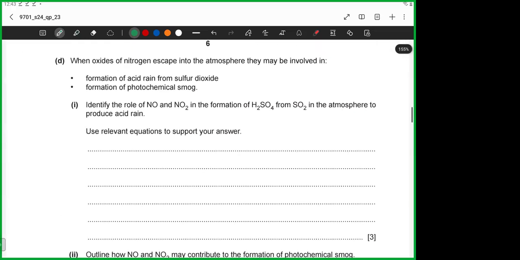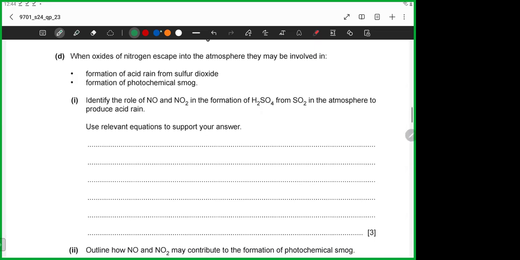When oxides of nitrogen escape into the atmosphere, they may be involved in formation of acid rain from sulfur dioxide, and formation of photochemical smog. Identify the role of NO and NO2 in the formation of H2SO4 from SO2 in the atmosphere. Use relevant equations to support your answer. So basically what you're looking for is acid rain formation, right? So how is it formed?